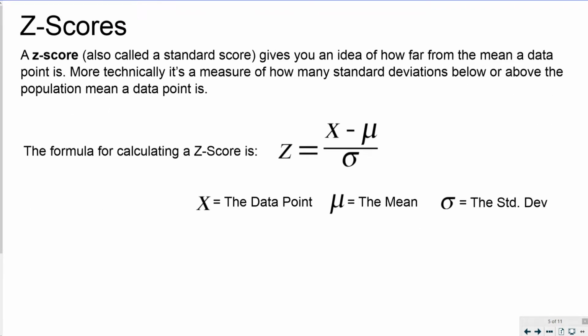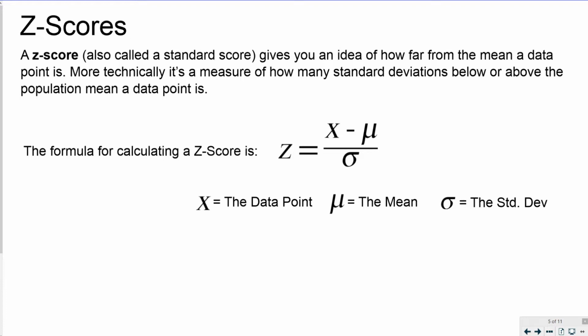So let's take a look at z-scores, or what the word z-score means. A z-score is called a standard score. It gives you an idea of how far from the mean a data point is. More precisely, it's a measure of how many standard deviations below or above the population average a data point actually is.